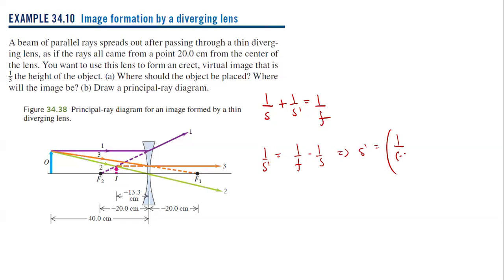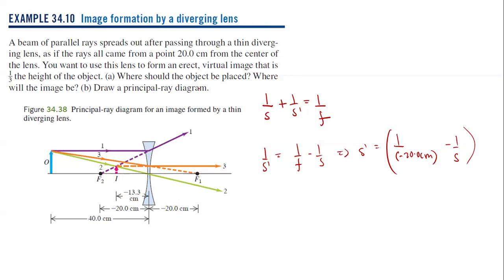Negative 20.0 centimeters. Why is it negative? Because it's a diverging lens. Minus 1 over s prime. So the problem is we have two unknowns. We don't know the s.